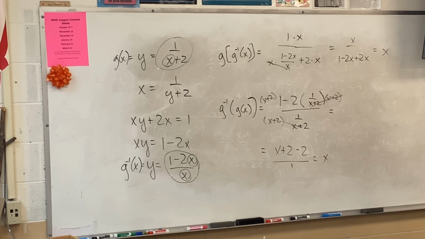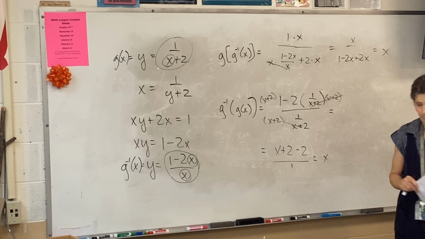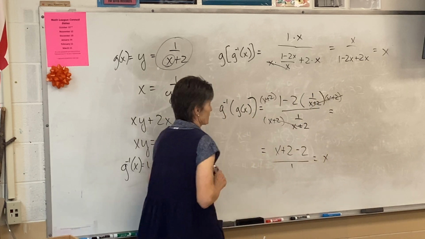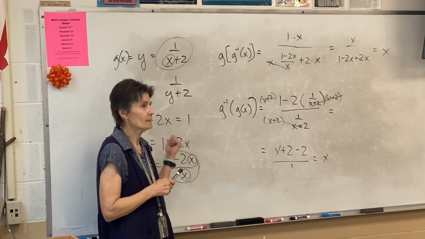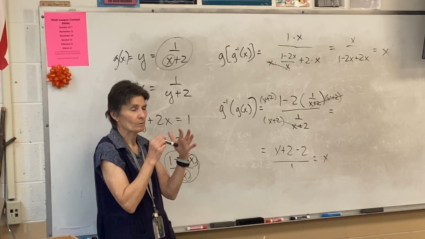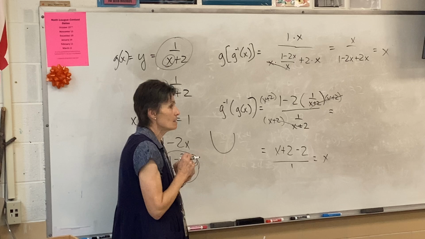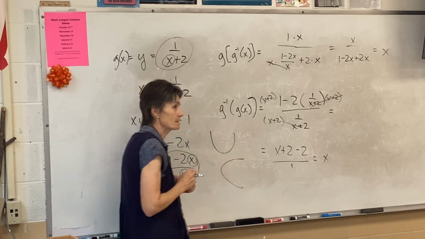And I want to use a vocabulary word I don't think I've used yet, and that is one-to-one. We have noticed with what the boys graphed earlier, especially, that you can have something that's a function, but its inverse is not a function.